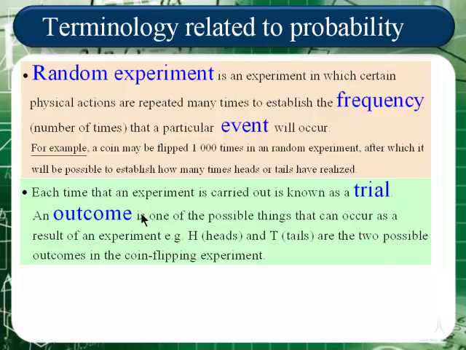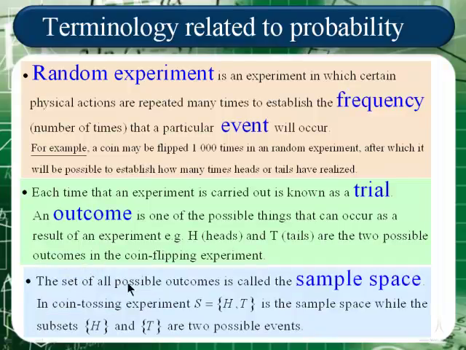An outcome is one of the possible things that can occur as a result of an experiment. For example, in this experimental example of tossing a coin, H, which we can use to indicate heads, and T, which we can use to indicate tails, are the two possible outcomes in this coin flipping experiment.